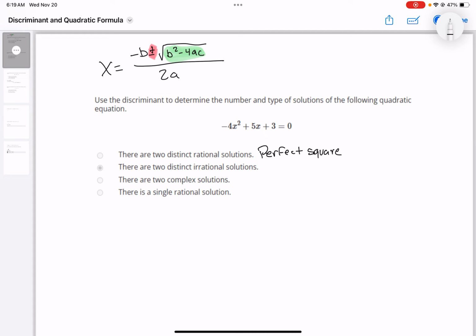And you can check. If you get something you don't know if it's a perfect square or not, just take your calculator, do the square root of whatever number you get. If it's a perfect square, no decimals, you're good to go. If you get a number that's not a perfect square, you still have two answer choices, but they're irrational solutions. And I'll show you what that looks like.